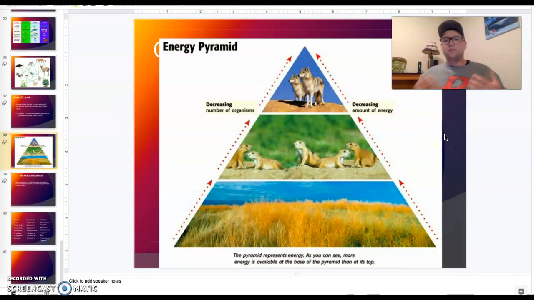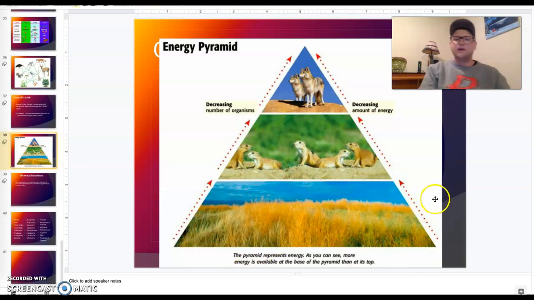So a big concept that I want to finish out the year with is if you take one of these organisms out of the food chain, out of the food web, however you want to think about it, it has pretty big effects on the populations of the others, right? So think about if you were to cut the amount of producers by quite a bit.